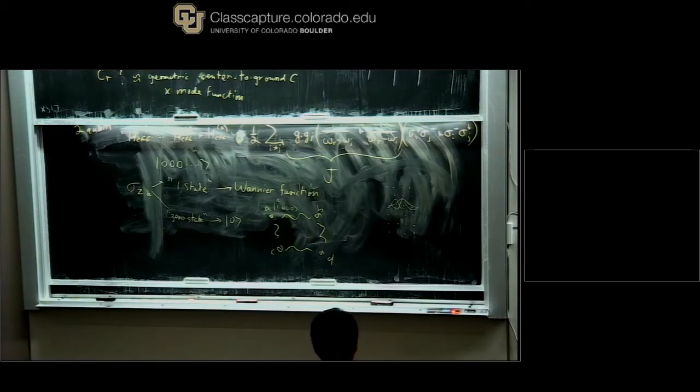The point you made earlier in the lecture about how the capacitance for that resonator is determined by a geometric capacitance from the center to ground, but it's also shaped by the mode profile. Yeah.